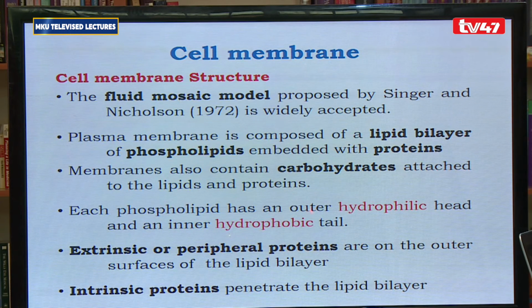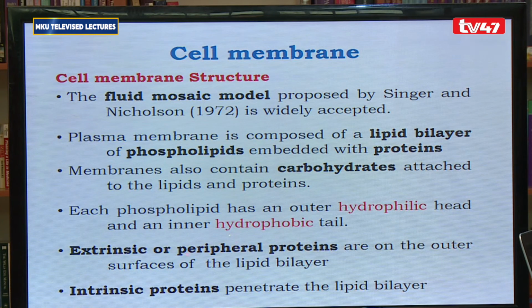If you study again biochemical molecules, you'll find that there are certain functional groups which are not polar, they are non-polar, therefore they are hydrophobic. Then there are certain sections which are polar, meaning they can interact with water, they are hydrophilic. So within this same phospholipid, there are certain regions which can interact with water and certain regions which cannot interact with water.